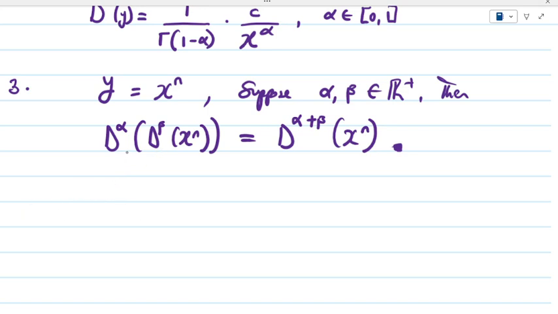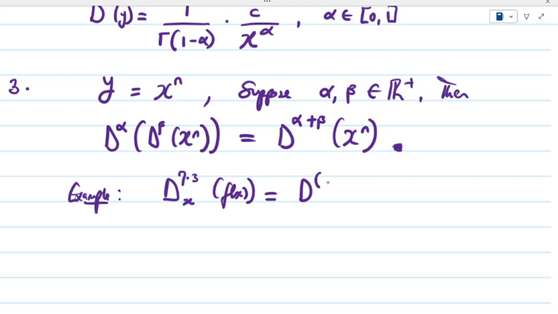So for example, the implication of that property is that if you have to find the 7.3 derivative of a function f of x, then we know that this 7.3 we can actually split into 7 plus 0.3, which gives us 7.3.